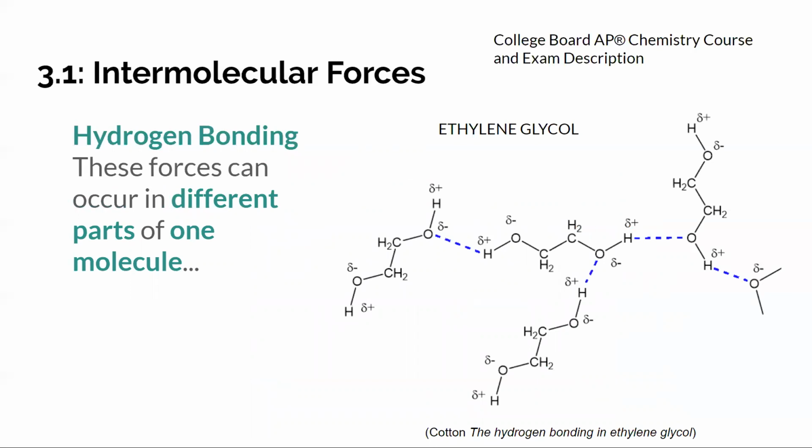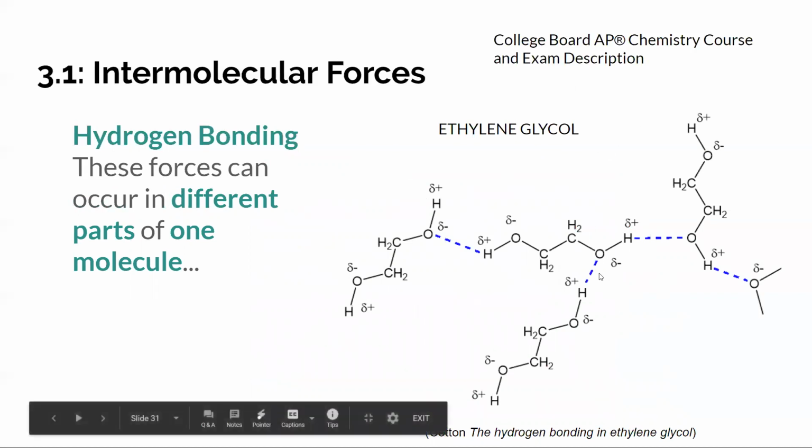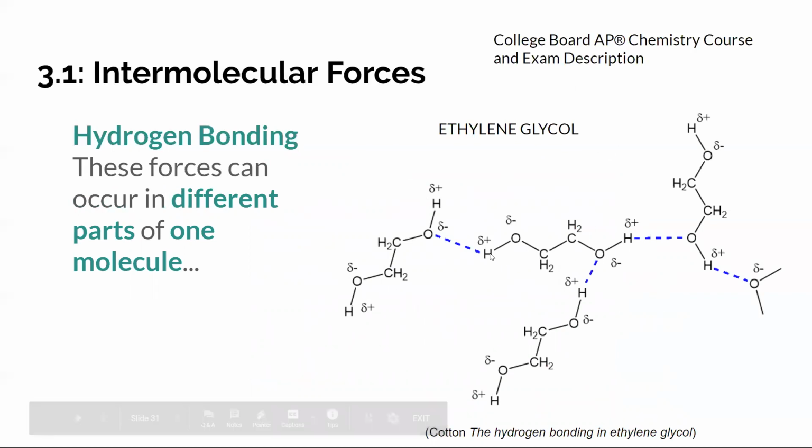And then these forces can occur in different parts of one molecule. This is ethylene glycol, and this is one big molecule. As you can see here, here, here, and here, these are all hydrogen bonding. Oxygen is one of the NOF, the partially negative end attracts to the partially positive end of hydrogen, same for all of these, and that creates hydrogen bonding.